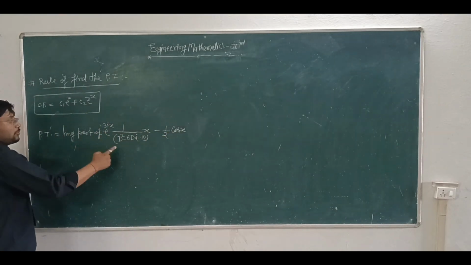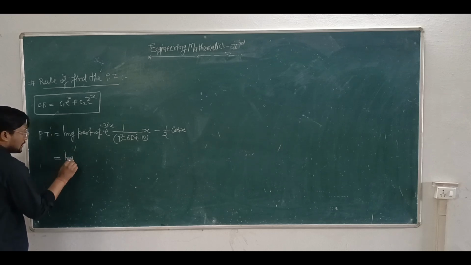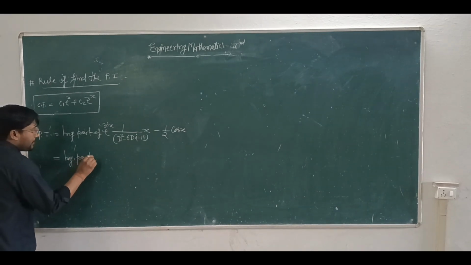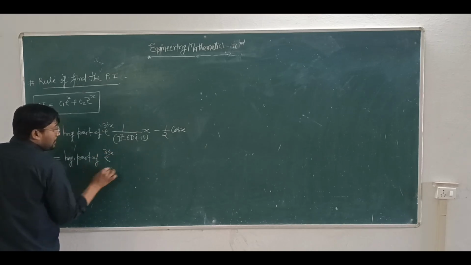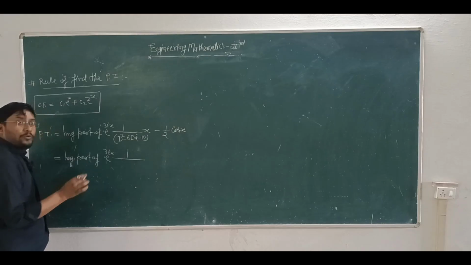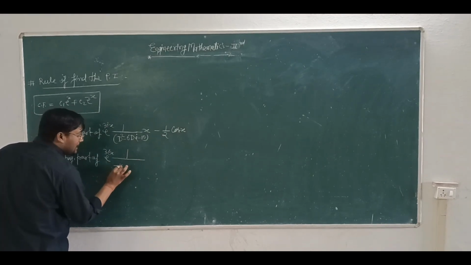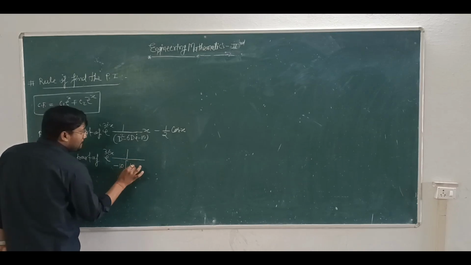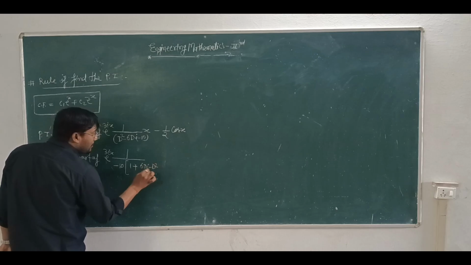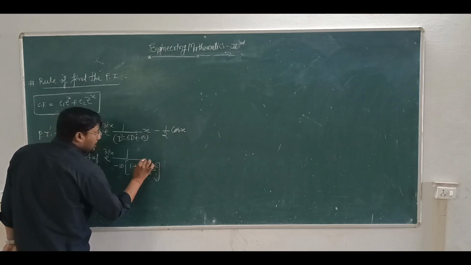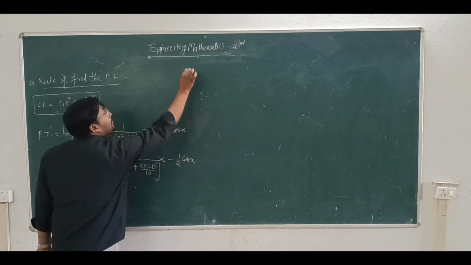Write the imaginary part of e to the power 3ix times 1 upon minus 10, taking minus 10 common. Now write minus 10 times (1 plus 6Di minus D square by 10) x minus 1 upon 2 cos x.